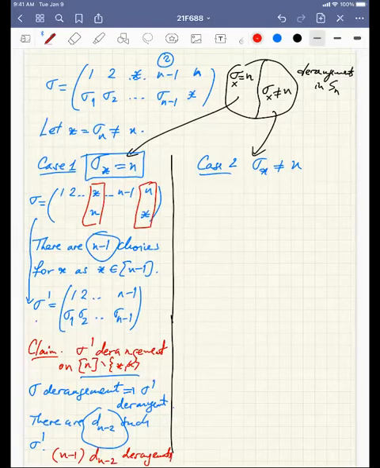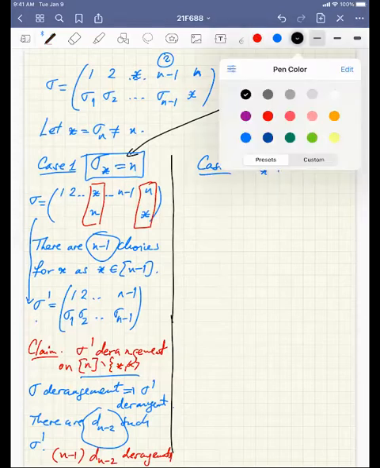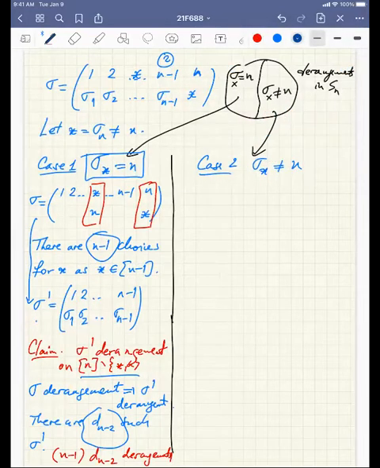Okay. Now, what happened in case 2? Well, in case 2, our sigma is going to look a little bit different. We have a 1, 2, x, and so sigma 1, sigma 2, this is sigma x, which does not equal n.